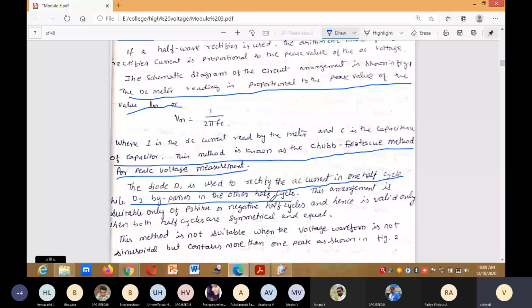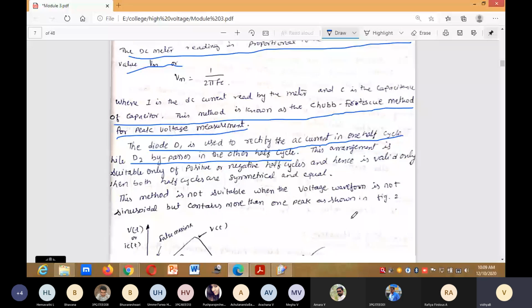This arrangement is suitable for positive or negative half cycles, and it is valid only when both half cycles are symmetrical and equal.